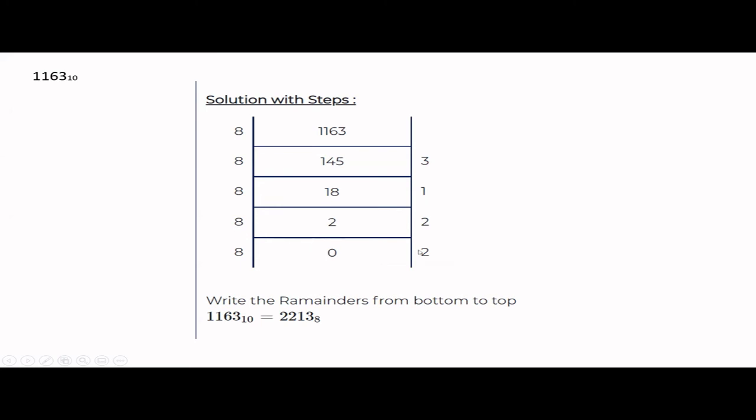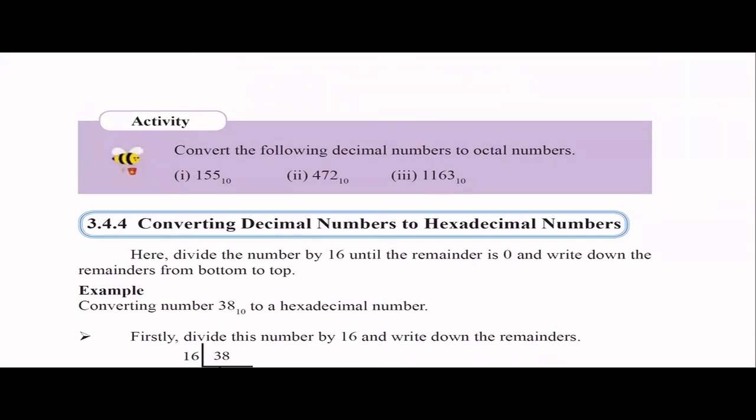So quotient is 0 and the remainder is 2. So when you get the answer, you have to consider bottom to top. That means 2, 2, 1, 3. Hope you understood. Yeah, so that is the decimal numbers conversion to octal.